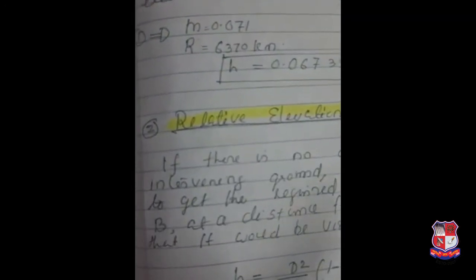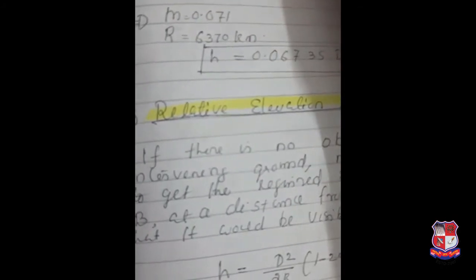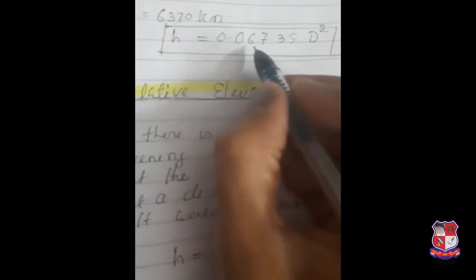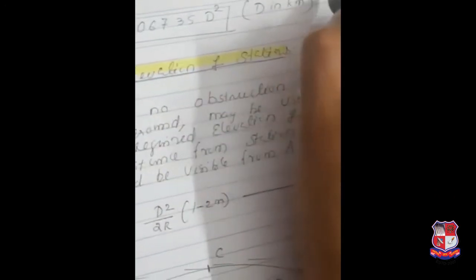For M, we can take the coefficient of refraction for land, that is 0.07. Put the values and we get the H equation as 0.06735 D square, where D is in kilometers. This is an important equation.